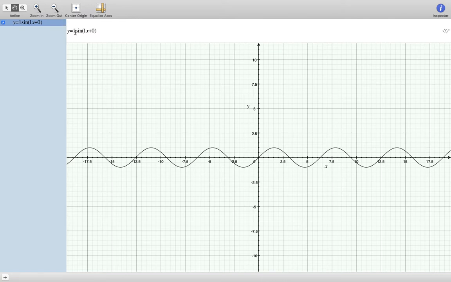So now let's go ahead and I'm going to copy this, and I'm going to add a new equation, paste it, and I'm going to make this 5.